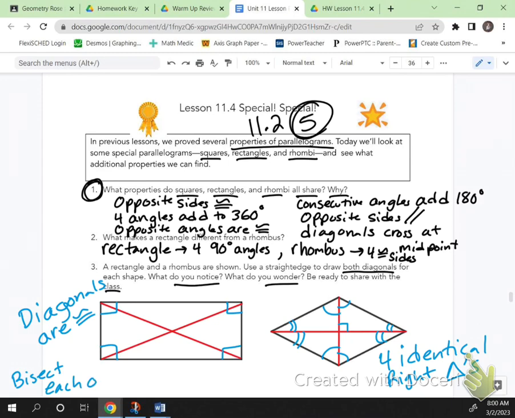So that is still true. So in the rectangle, it actually creates some congruent triangles. So the top triangle and the bottom triangle, those are congruent. So the top and bottom triangle are congruent.